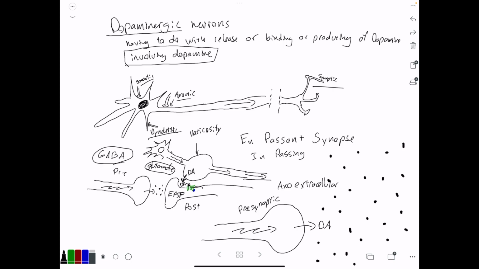And they release dopamine in the usual ways that you're already familiar with, these neuronal synapses like on dendrites or on the soma. But they also release dopamine as a neuromodulator in passing and in this extracellular way. And they have axon processes that extend throughout the vast majority of the brain.